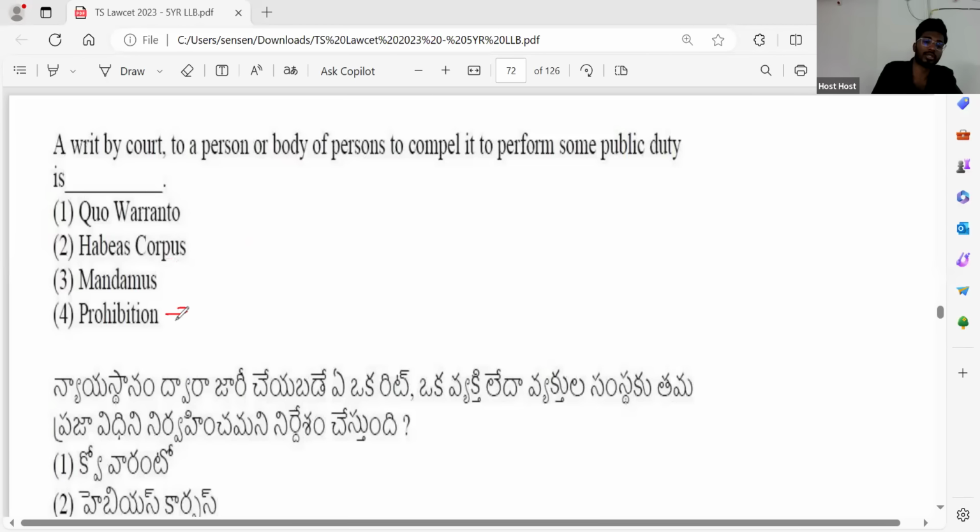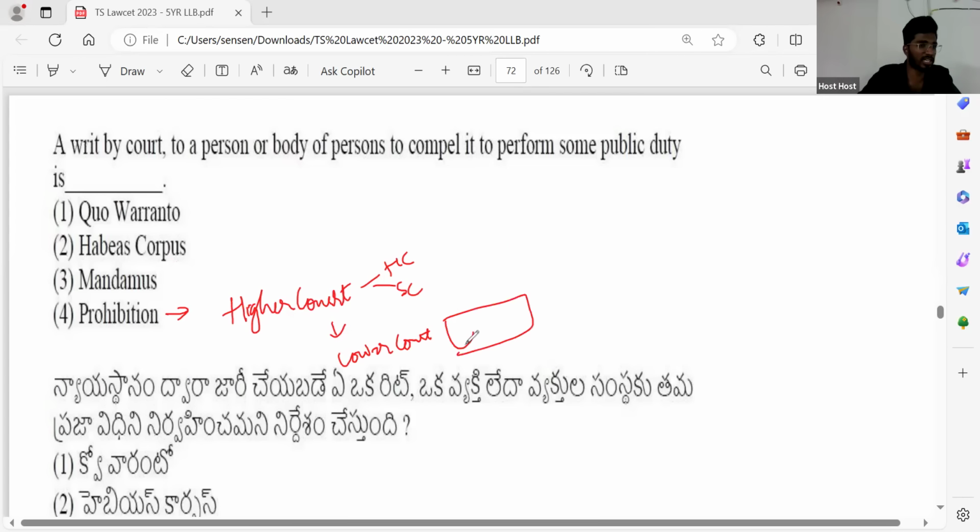What is prohibition? Prohibition is an order which is issued by a higher court, right? What is the meaning of higher court? Higher court can be High Court or Supreme Court to a lower court. Lower court is all the subordinate courts in India. Okay, family court, junior civil judge's court, metropolitan criminal court, all the small courts. Higher court will issue a writ to a smaller court to stop the ongoing proceeding. Pro is proceeding.